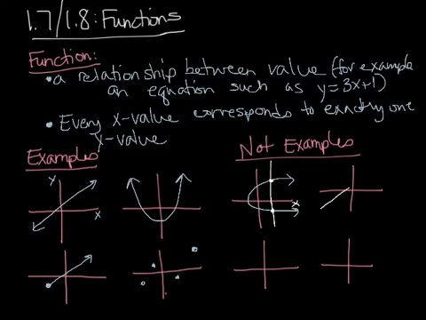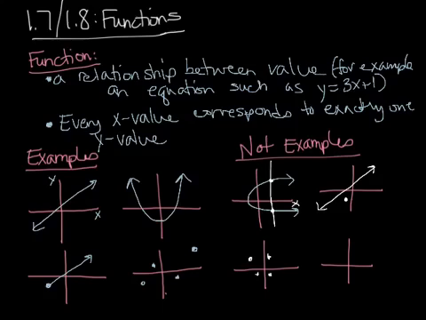Same thing is even if you have a line, but then you have one other point, for that one, if you were to draw a vertical line through there, you would hit 2 points at that one spot. Also, if you have something like this, you have a nice bunch of points, but then suddenly you have another point that's directly below that. That's an example of something that is not a function.